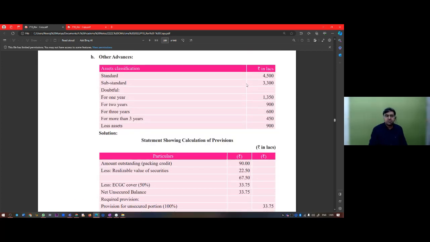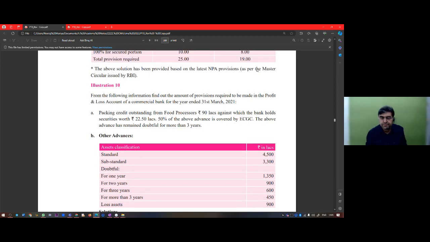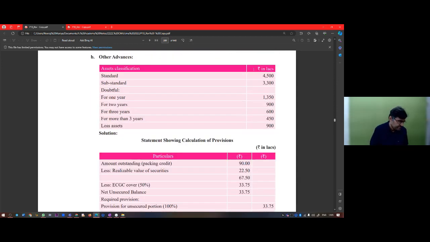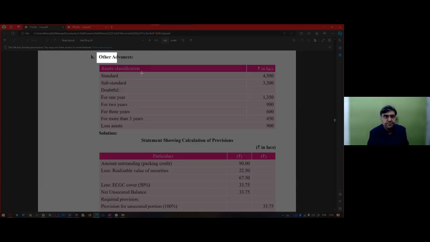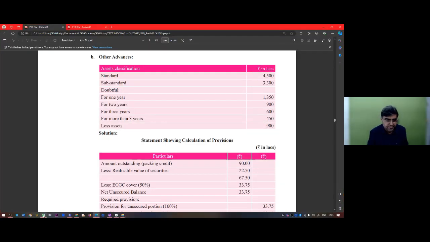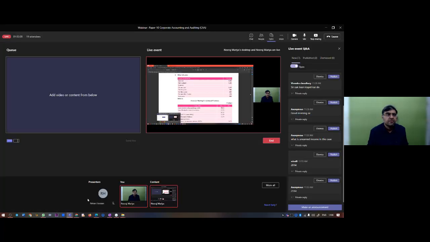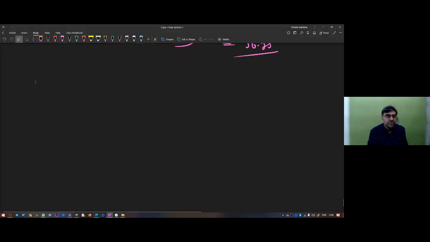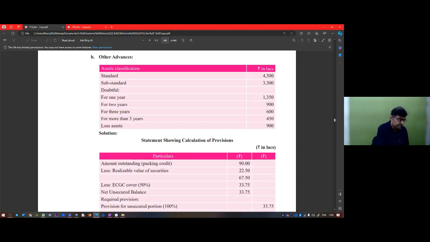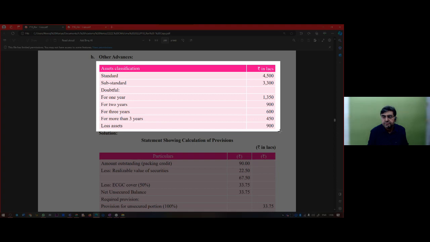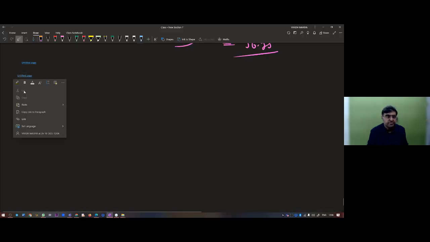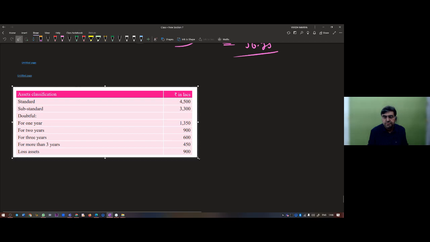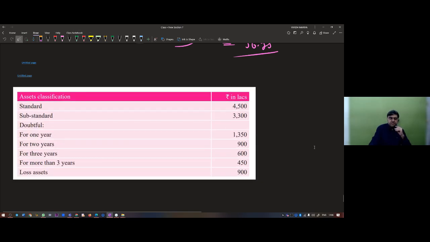Now you have to give answer to this question. Guys, how much provision you will create?